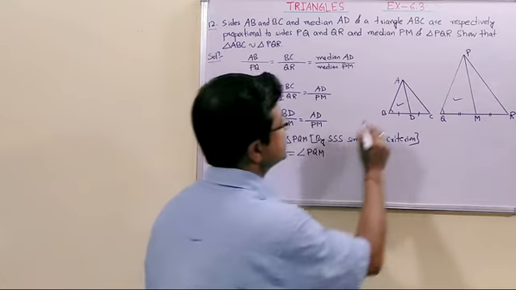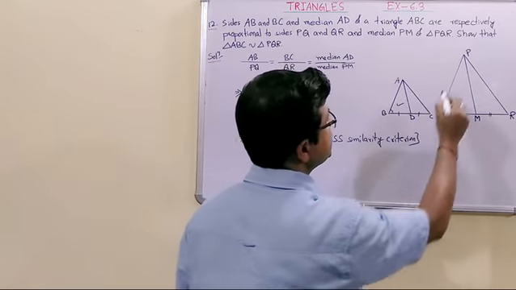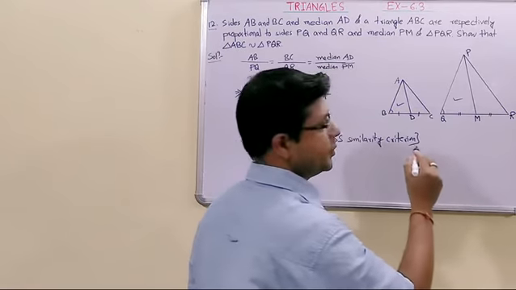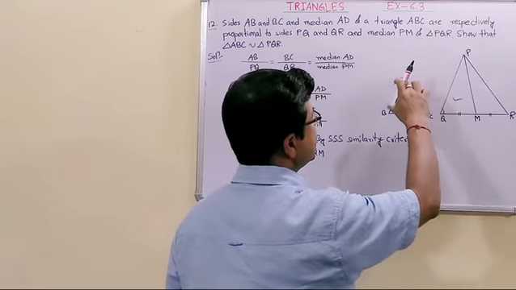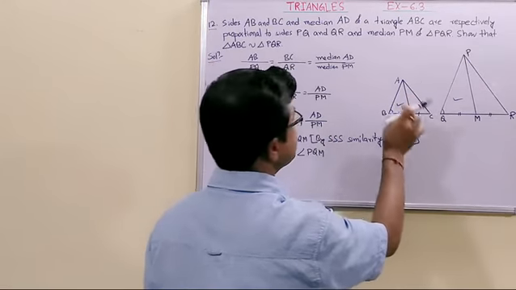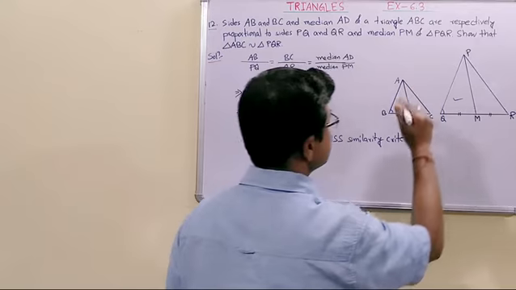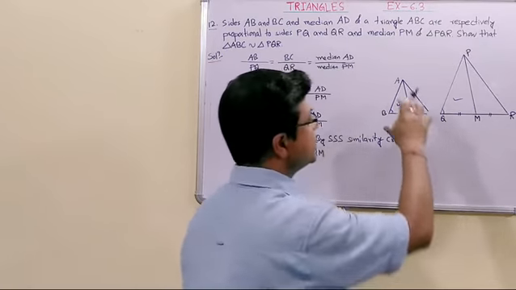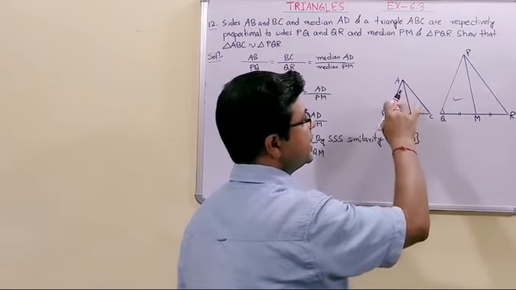Alright students, now we have to prove that triangle ABC is similar to triangle PQR. How will we prove? Let us see. In these two triangles, AB by PQ, as given, is equal to BC by QR. Then we have already proved angle B equal to angle Q. So by side, angle, side, they are similar.